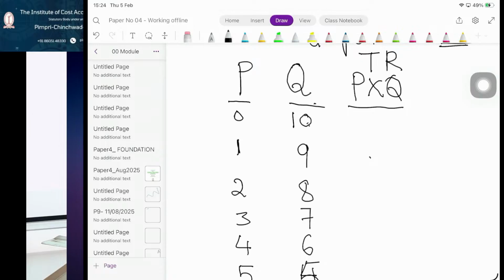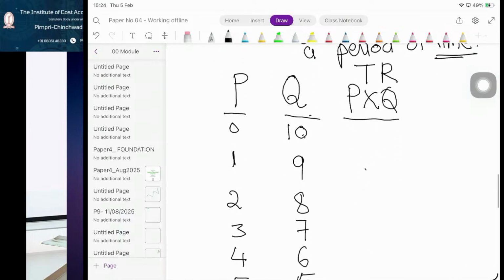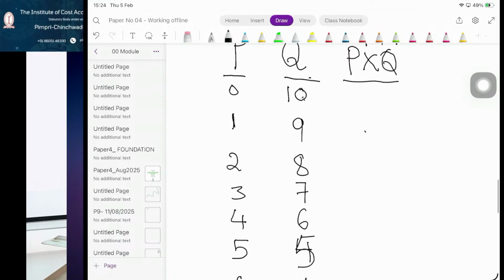Okay, so can you all quickly finish this table? And no calculator. You have to practice some numerical maths. You cannot use a calculator for this. Okay, quickly tell me the table.